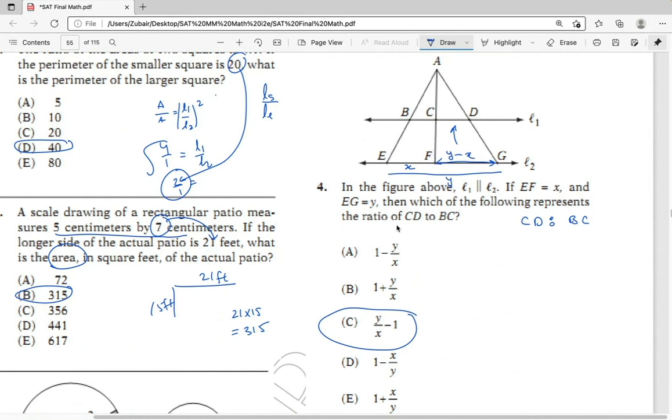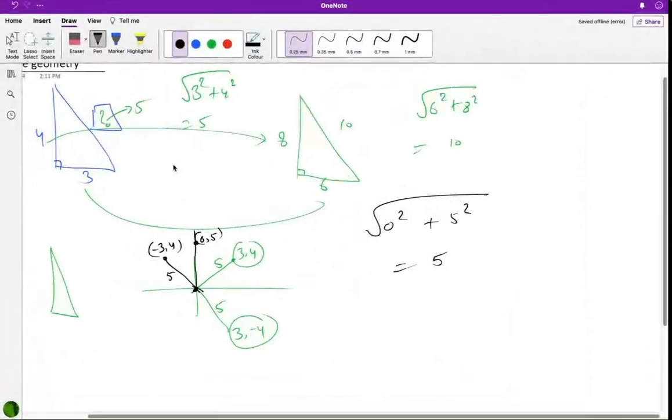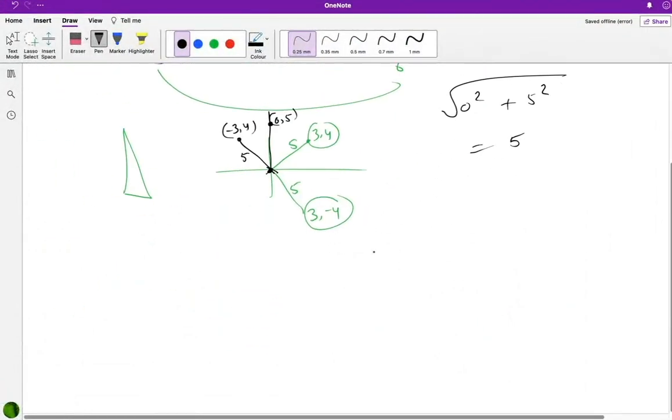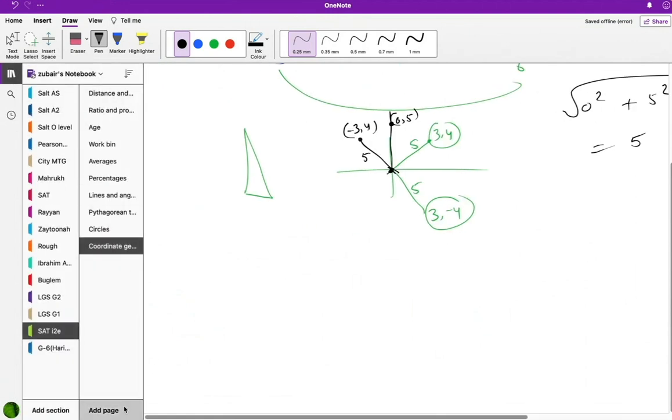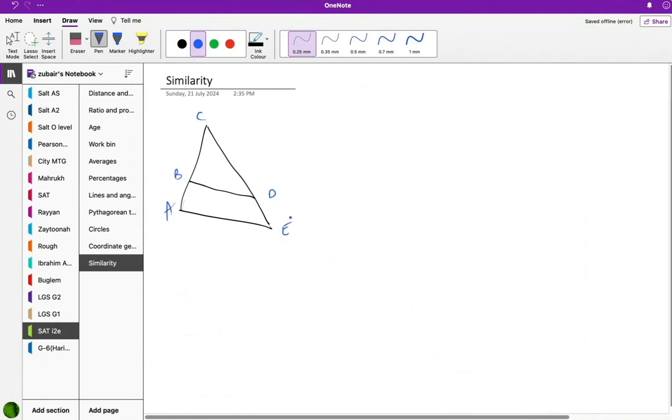Okay, Mohammed, a quick recap of three cases of similarity. We had this one case, parallel lines. Let me name them A, B, C, D, and E. BC is similar to AB, BC over AC.